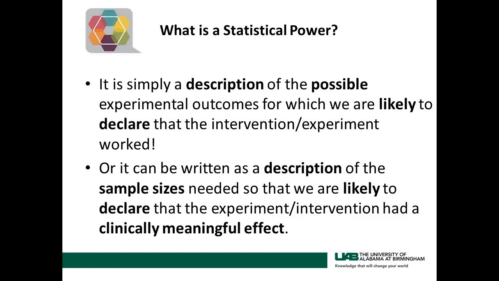Whatever alpha level you use, as long as the test is correct, you're trapped between that level and 1 for power. Or it can be written as a description of the sample sizes, as you indicated, needed so that we are likely to declare that the experiment intervention had a clinically meaningful effect. That's the biggest piece you have to bring to the table for me.